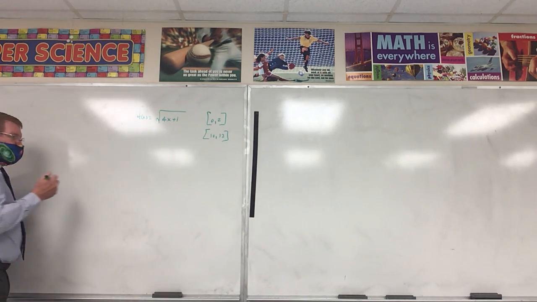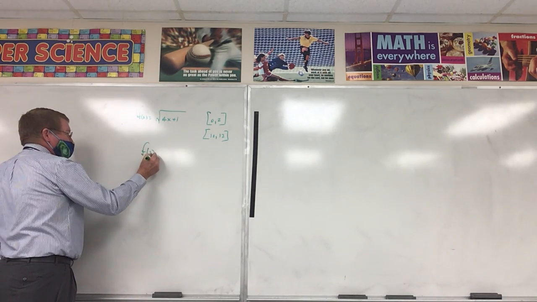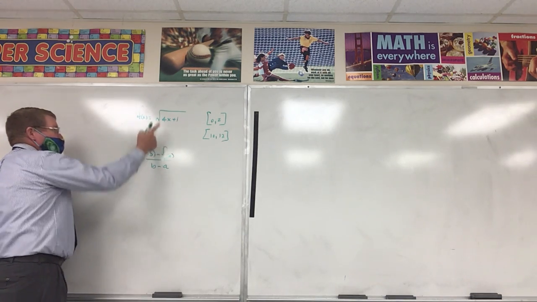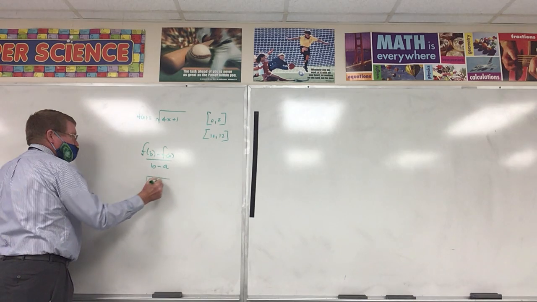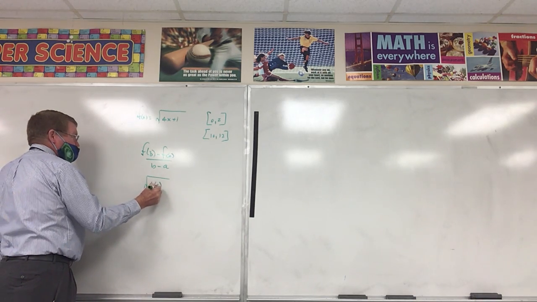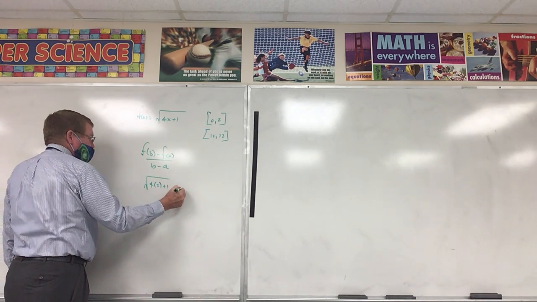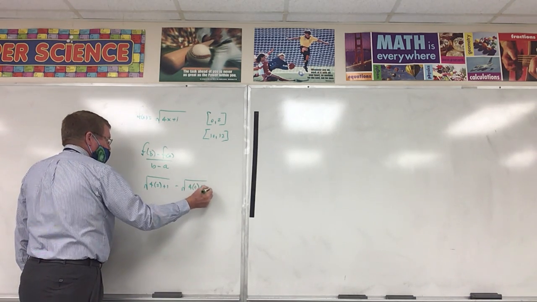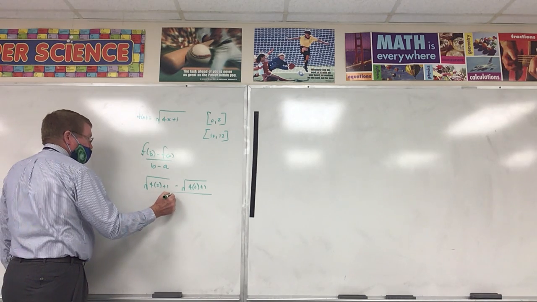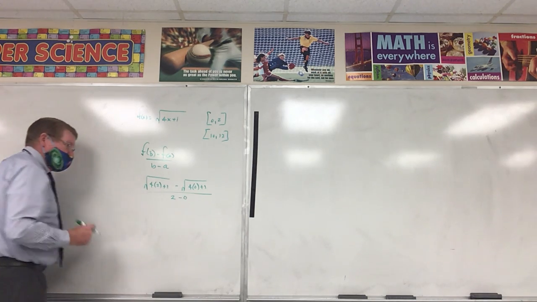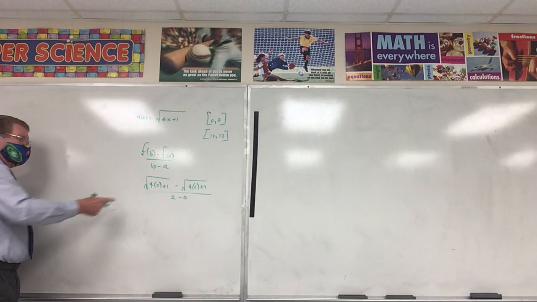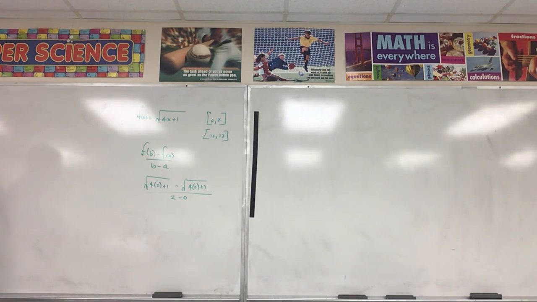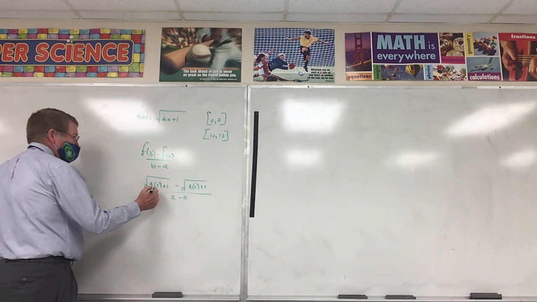All right, average rate of change is f of b minus f of a over b minus a. So here we're going to have the square root of 4 times 2 plus 1 minus the square root of 4 times 0 plus 1, all over 2 minus 0. 4 times 2 is 8, plus 1, square root is 3.